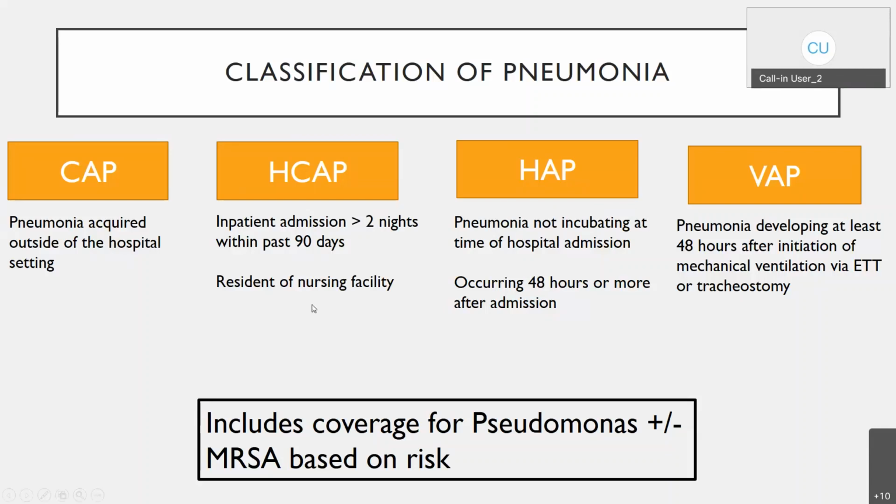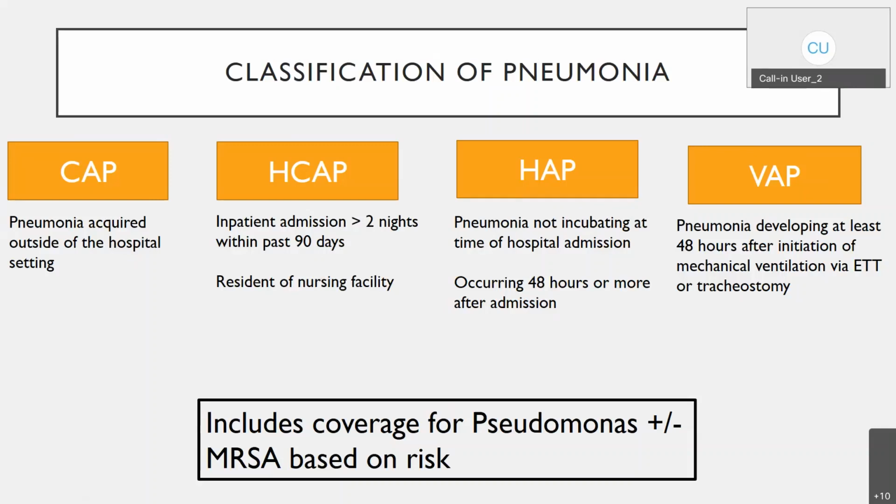So about 15 years ago, they came up with this designation of healthcare-associated pneumonia because we realized that people who had had a recent hospitalization in the last 90 days or who were residents of a nursing facility were at higher risk of having drug-resistant pathogens like MRSA or Pseudomonas.